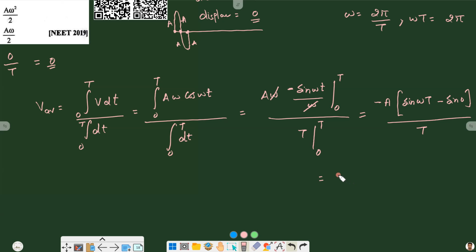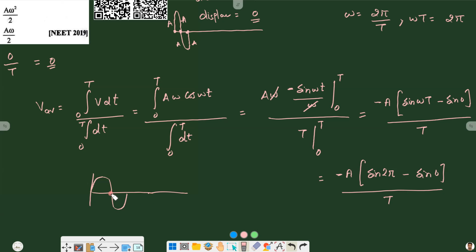Putting these values here, minus A sine 2 pi minus sine 0 divided by T. And if you know, the sine graph looks like this.